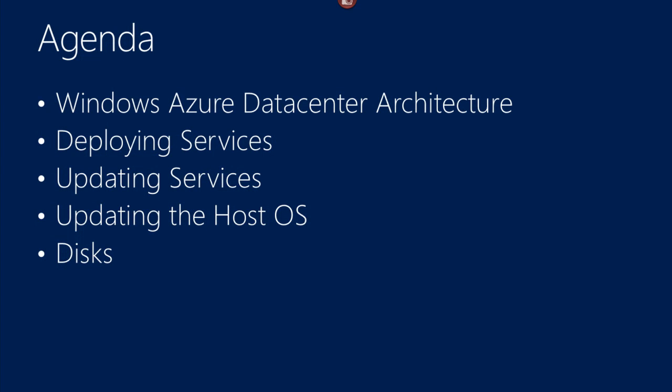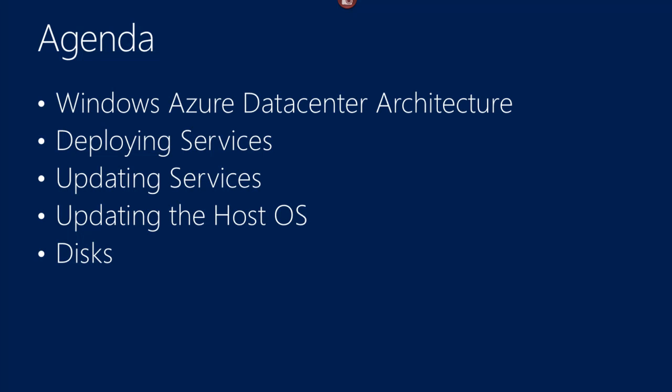But let's go ahead and get started, and I want to start by giving you the agenda for what I'm going to cover. I've broken it up into a few different areas, and I'm going to start, like I said, with the physical architecture of the data center and the logical architecture, then move on to how we deploy services. What happens underneath the hood when you push a package up to the portal or from Visual Studio or deploy a VM in the cloud. Then how we update a service. So this applies to platform as a service.